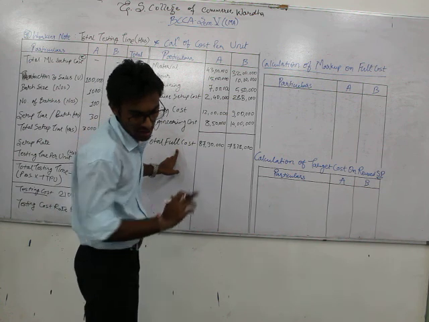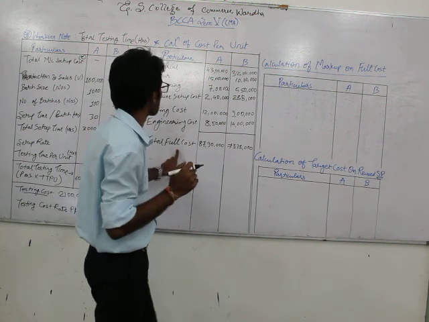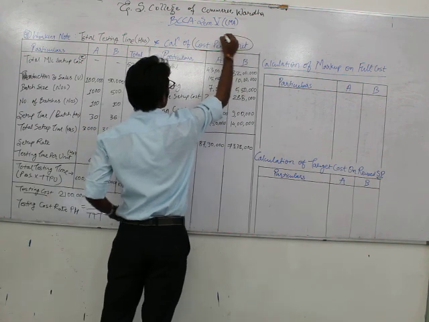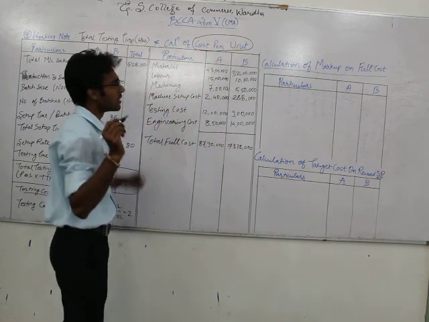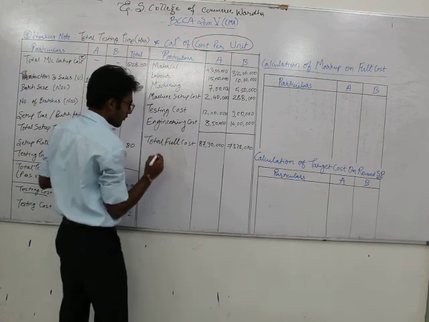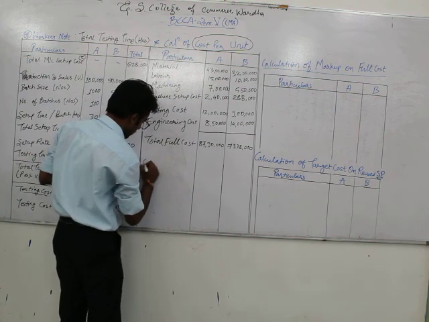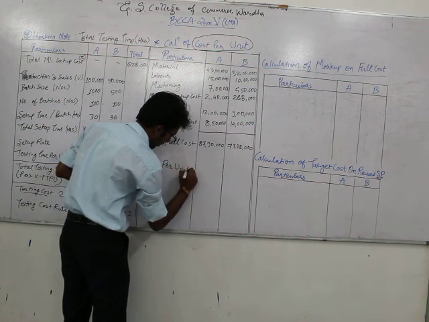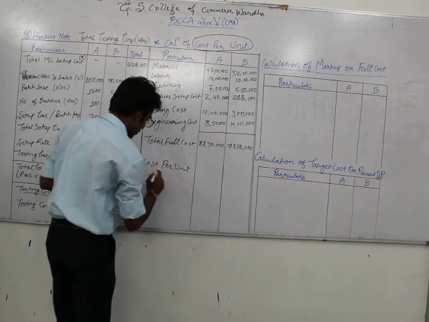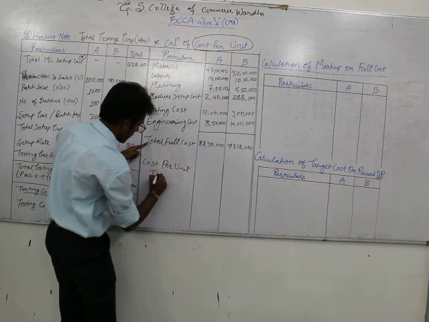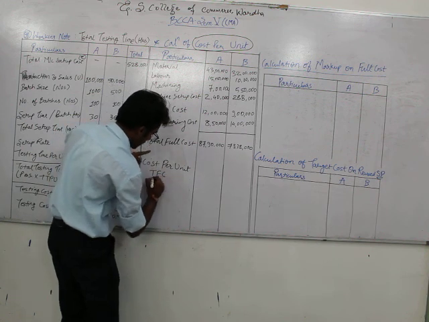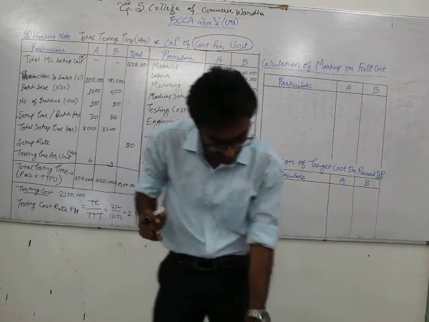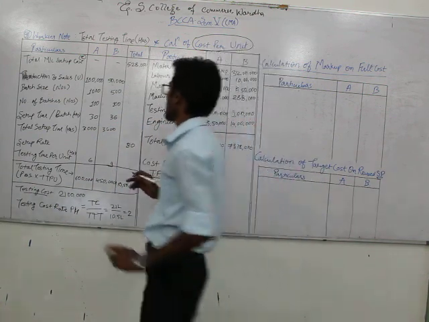After that you can calculate the cost per unit, because we are doing this for cost per unit. How can you find that? The formula for cost per unit will be TFC, meaning total full cost, divided by annual production and sales.